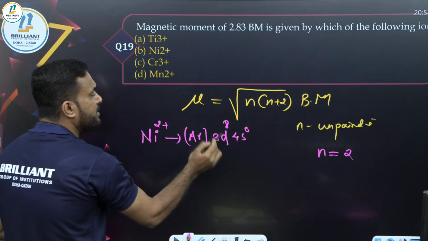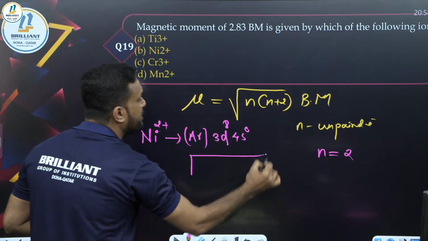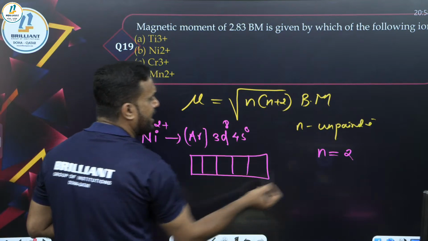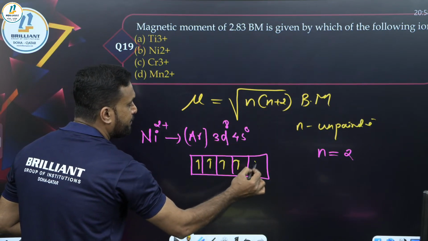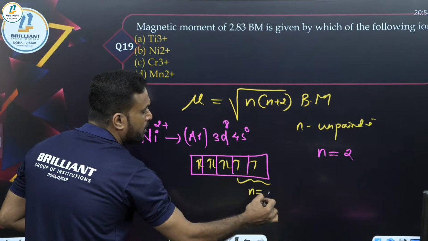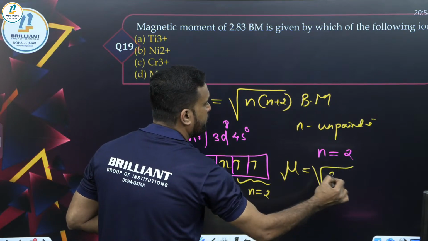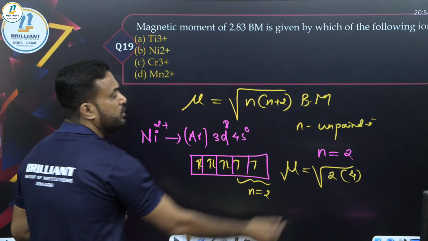Because nickel is 28, it is 3d8 4s2. So 2 plus means 3d8. 3d8 means d has 1, 2, 3, 4, 5 orbitals. This question has been repeatedly asked, so we can go directly: 1, 2, 3, 4, 5, 6, 7, 8. Yeah, correct, n equal to 2. Substituting into the mu equation, mu is equal to root of 2 into 2 plus 2, which is 4, so 2 into 4, 8.